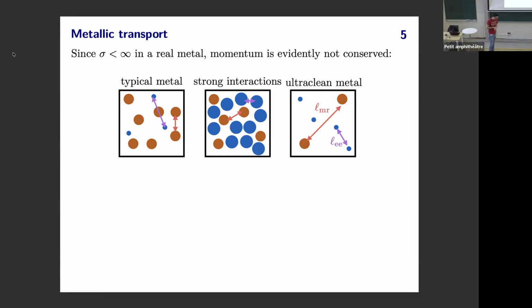And the situation can be even worse. We may have a very clean crystal, but a crystal only has discrete translational symmetry. So discrete translational symmetry is not enough to have momentum conservation. You only have crystal momentum conservation. There are Umklapp scattering processes in metals between electrons or phonons that can also relax the momentum that's defined in the Navier-Stokes equations.